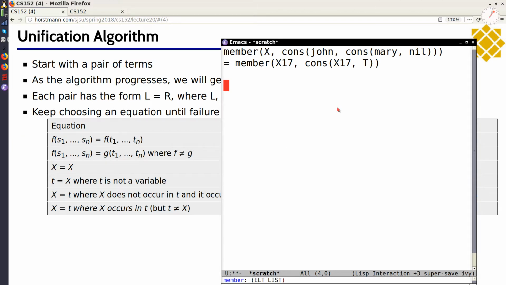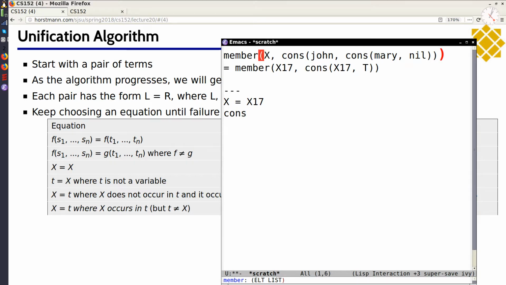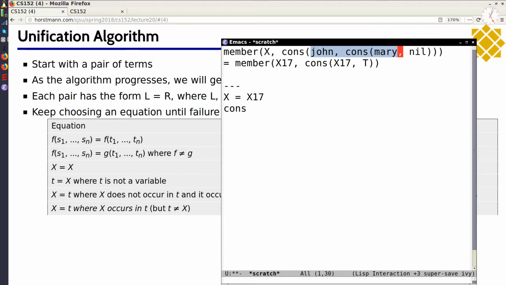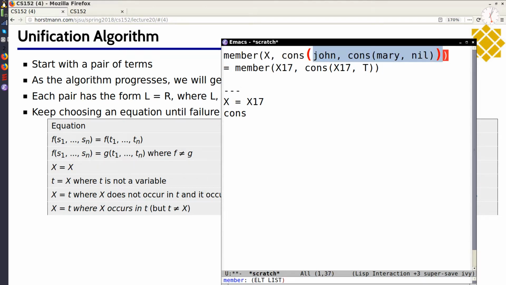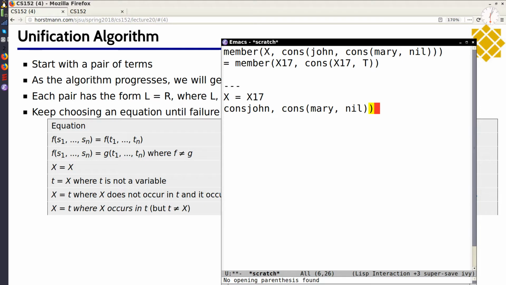So I now make an equation for each of the arguments. x equals x17 is one of them, and the other one is cons, I'll just copy and paste it, equals this one here.